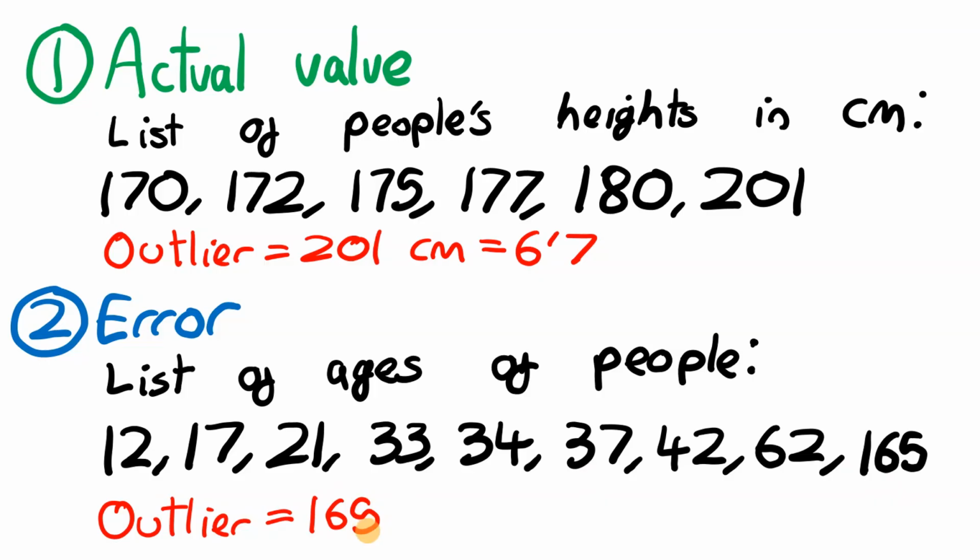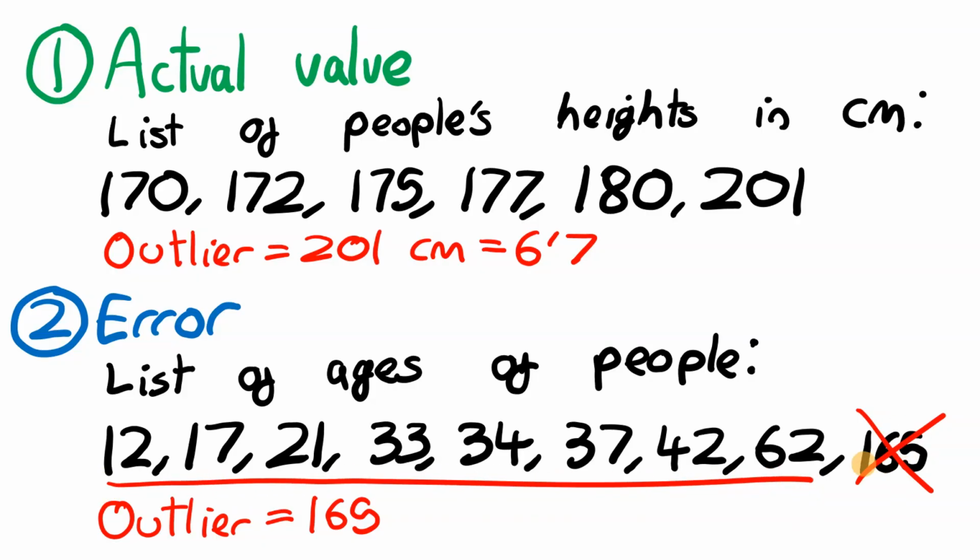Now, this is obviously an error because you cannot have a person with an age of 165. And sometimes what we will do is do something called cleaning the data. And what we will do is if we're calculating stuff like the mean or standard deviation with this data, we would actually ignore this one if we were pretty certain it was an error and just use these data values here, so this doesn't affect any of the calculations that we do.